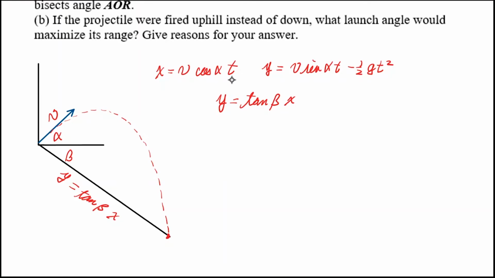So this expression, we are going to put here, and that expression we are going to put here, right? And let's see what we get. I have to draw these arrows now, right? Okay. So we have v sine alpha t minus 1/2 gt squared on the left-hand side, and on the right-hand side I have tangent beta, right?